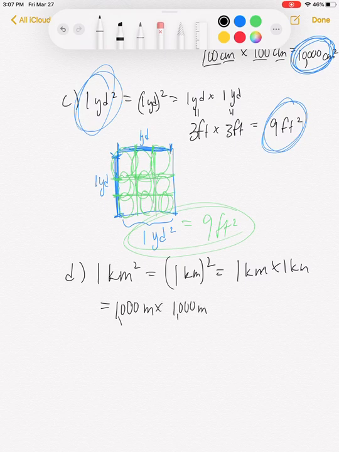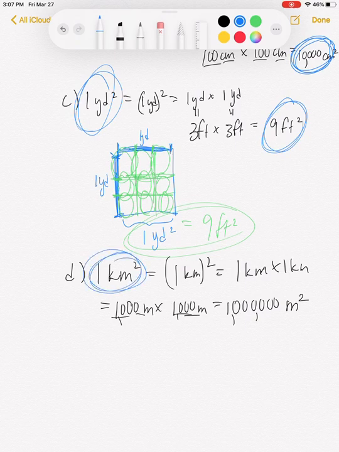So we're 1,000 by 1,000 meters. We multiply the thousands together, get 1,000,000. The meters and meters make meters squared. Okay. So with metric units and other units too, the units get really big. 1 kilometer squared is equal to 1,000,000 meters squared.